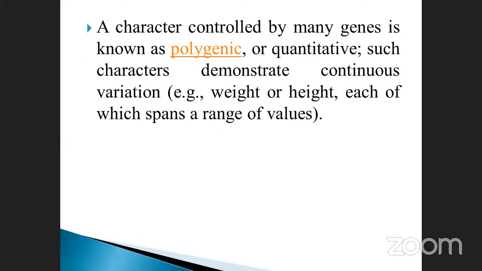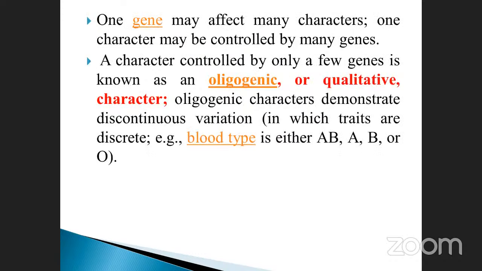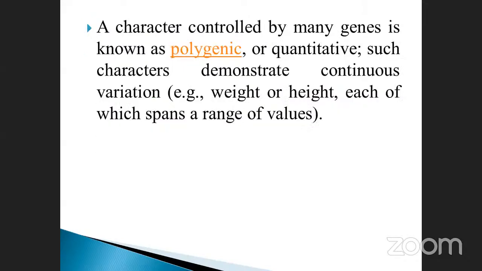See that. A character controlled by many genes is called polygenic. That one is called oligogenic. Simply note it down: a character controlled by many genes, or quantitative. Qualitative means few genes, quality. Quantitative means numbers.